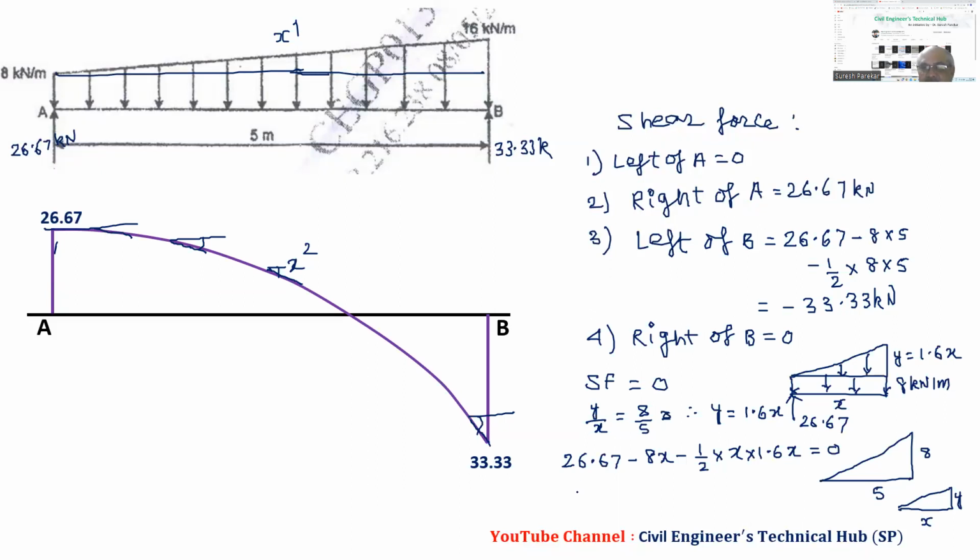From this we will get 0.8x square plus 8x minus 26.67 equal to 0.